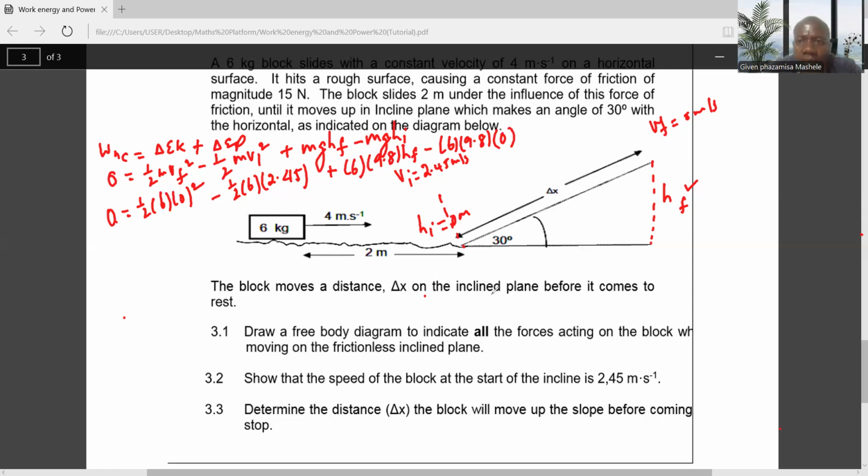So you see that from our calculation, this expression here will be 0 because the final is 0, and this also will be 0. So what are we going to remain with? Okay, let me just use this. 0 equals, so you're going to have 0.5 times 6 times 6, oh sorry guys, supposed to say squared here. 0.5 times 6 times 2.45 squared.